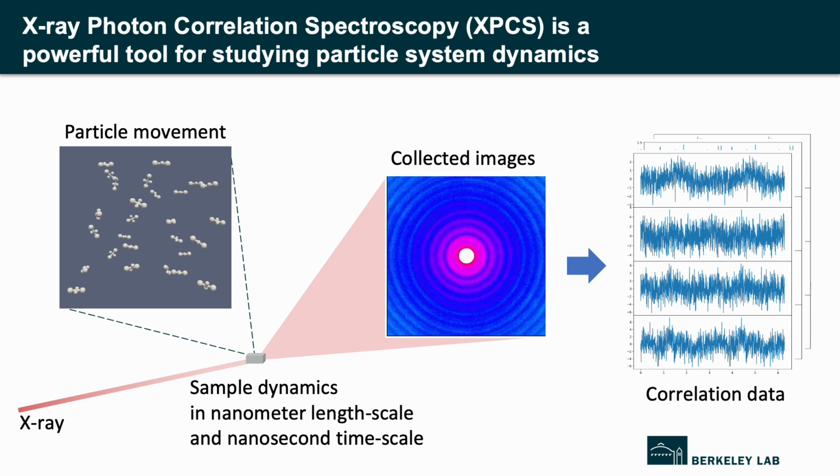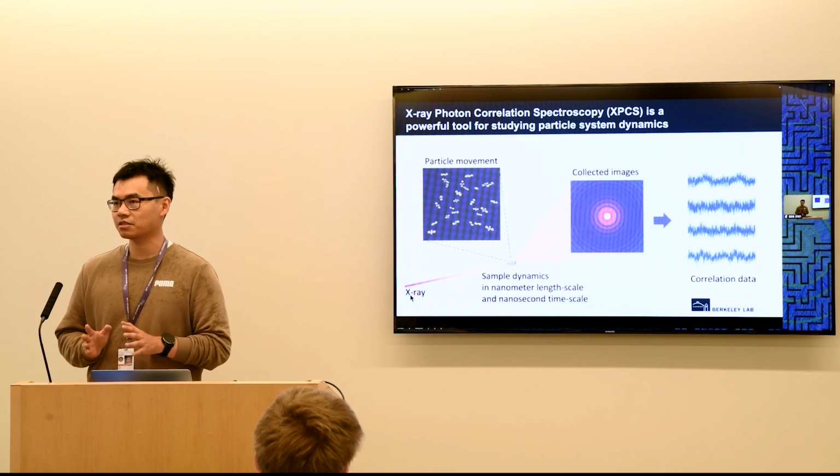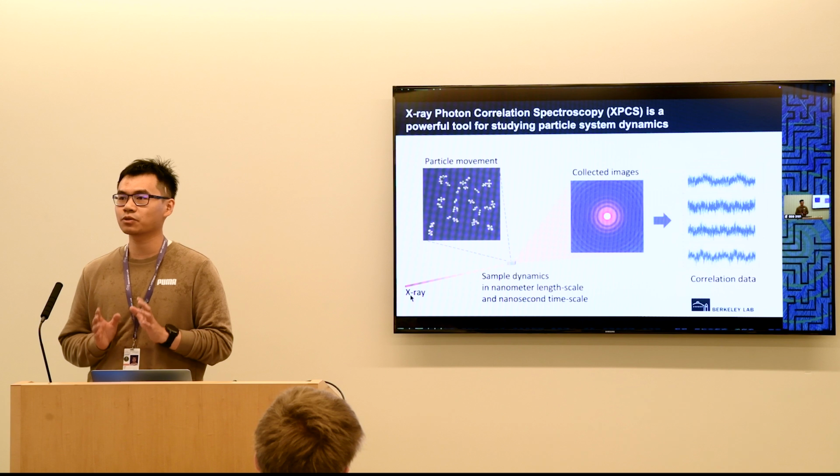So the result is that the collected images' fluctuation is very subtle. From this example, we can see that it shows this noisy, grainy texture, and it's really hard to pick up any useful information or clear pattern from the collected images by our eyeballs. So in order to analyze these images, we need to calculate the correlation data between the images.